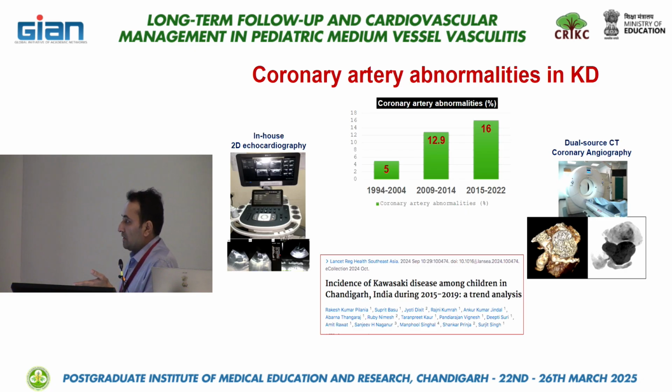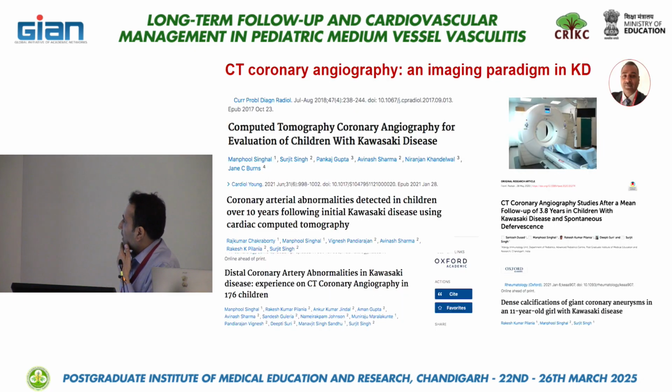Other parts of India have also seen this, because Professor Pendkal has also seen that the coronary artery abnormality prevalence in their cohort has increased. One factor is the increase in imaging modalities, because we can do echo more frequently nowadays, and CT coronary angiography has also changed the way we are treating and managing these patients. We can identify more and more aneurysms in these patients, and you can see them on follow-up also.